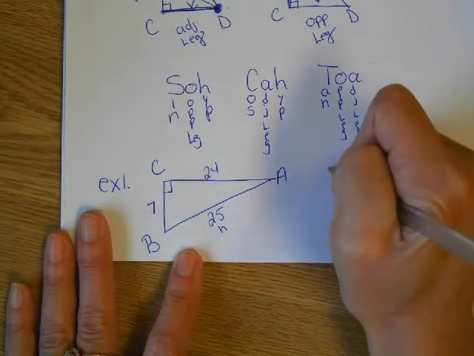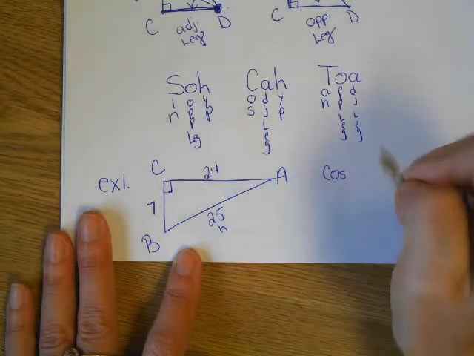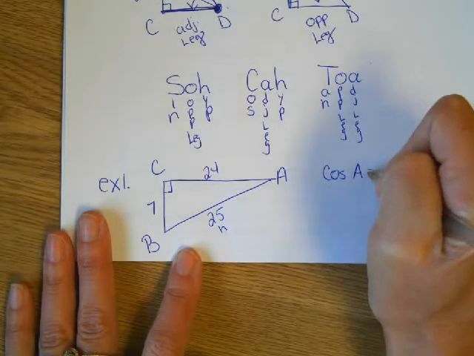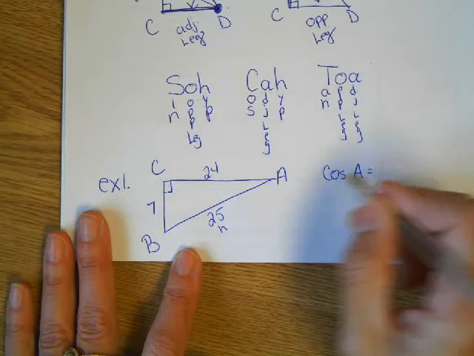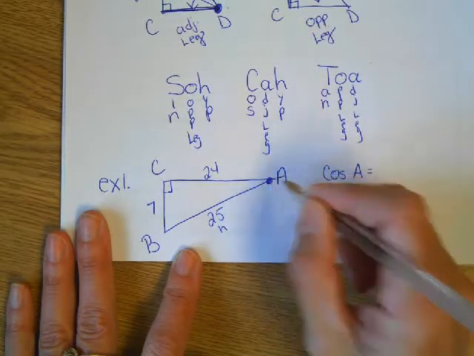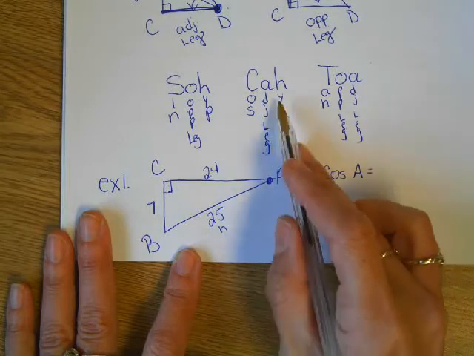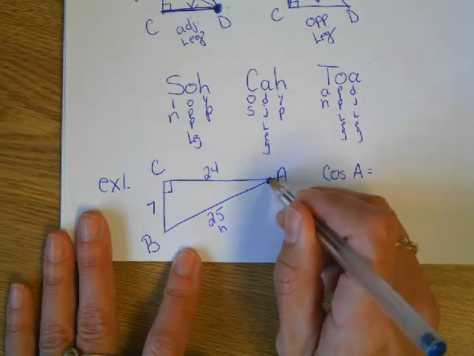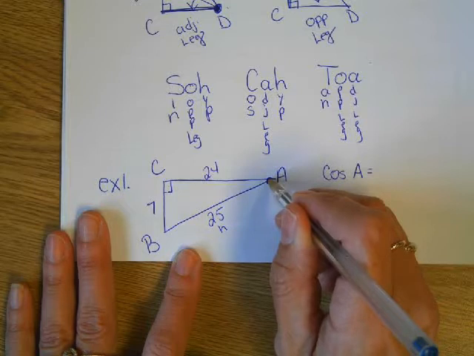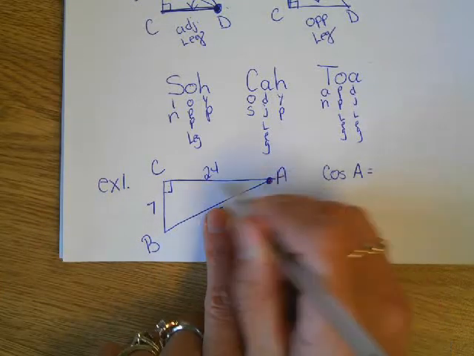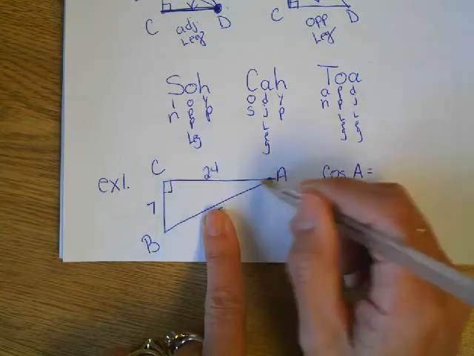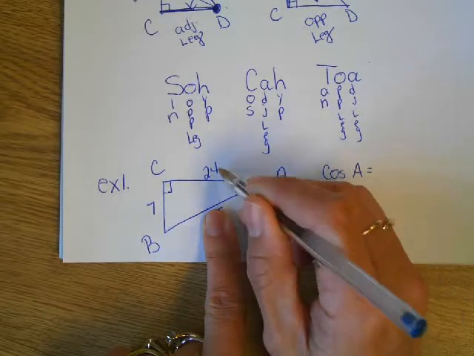So let's go cosine from angle A. That means we're going to stand on this angle. And for cosine, we want the adjacent leg over the hypotenuse. Remember, the leg that's adjacent runs into me, so it's not the hypotenuse. It's either the 24 or the 7. You can see the 24 is the one that's adjacent, or touching.